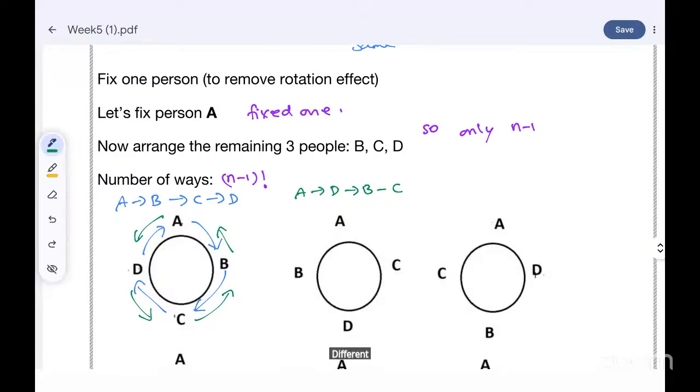Different. The first one is A, B, C, D and here it is A, D, C, B. They are different, right? They are not the same.